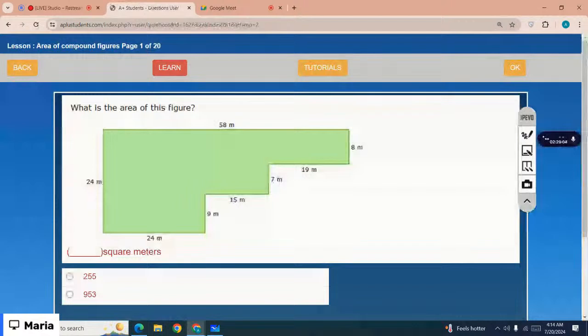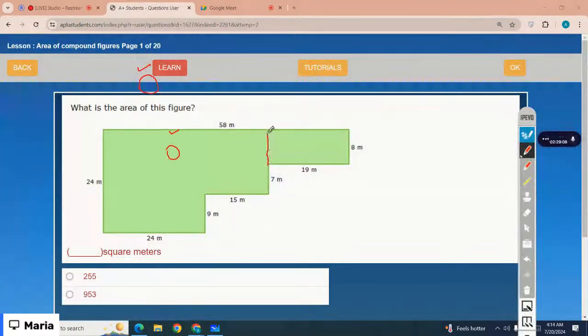What is the area of this figure? Okay, so you can divide this figure into three rectangles, calculate their areas one by one, and then add them, right? This is A, this is B, this is C. This is 24, this is 24, this is 24.